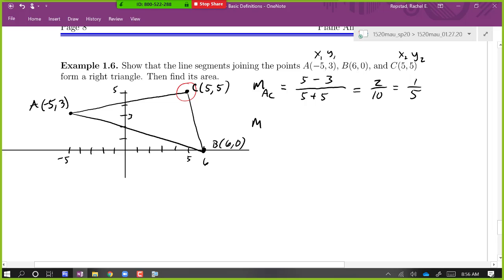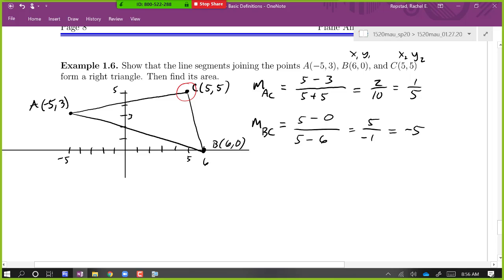The slope for the line segment BC, I'll keep point C as my x2, y2, and switch point B to my x1, y1. So then we get 5 minus 0 on top, and on the bottom, 5 minus 6. So we have 5 over -1, or just -5.